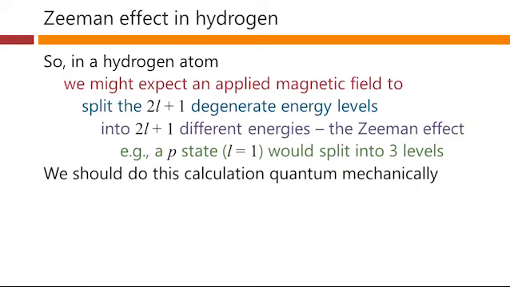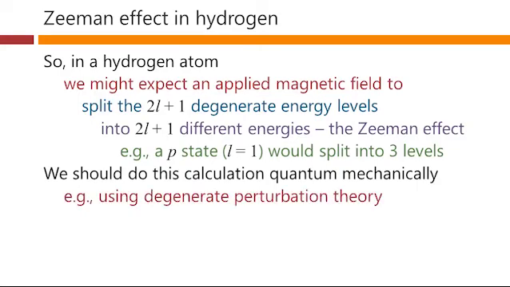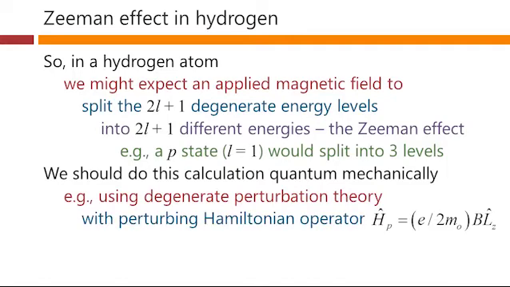Now, as I said, we should do this calculation quantum mechanically, and we could do that. We would use, for example, degenerate perturbation theory, and we would be able to solve this kind of problem, neglecting spin for the moment, and looking at the so-called Zeeman splitting of these levels in the hydrogen atom as we applied a magnetic field.